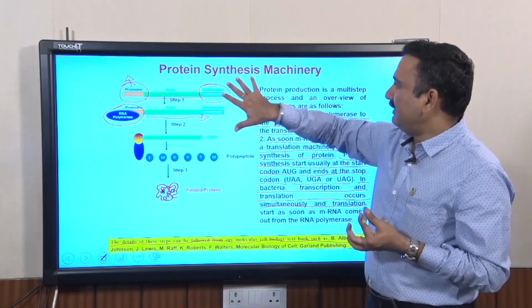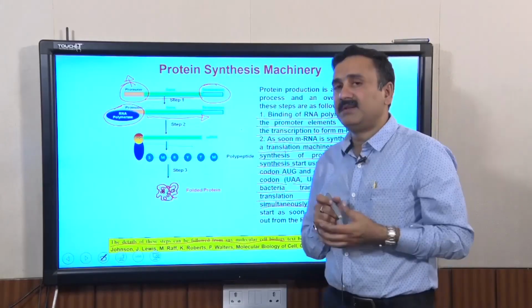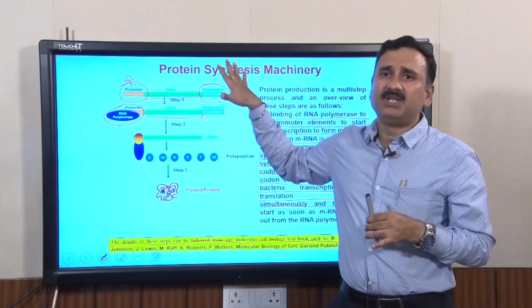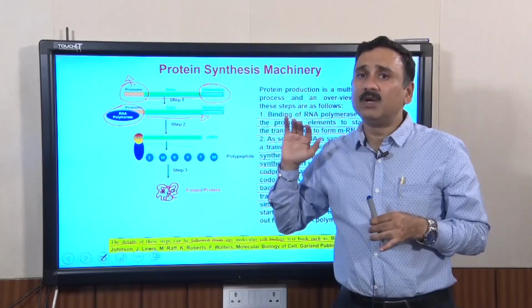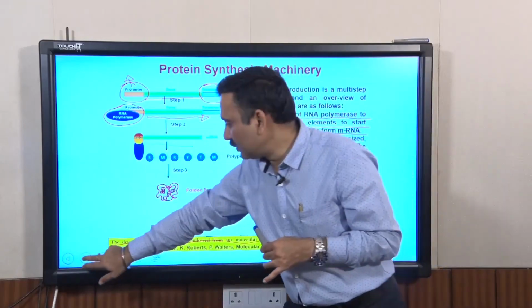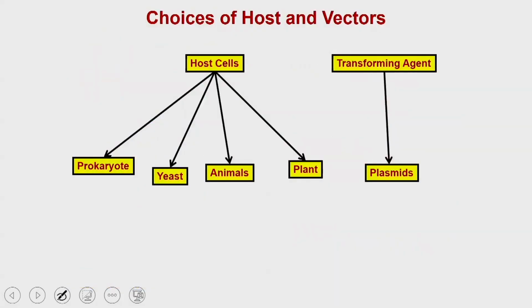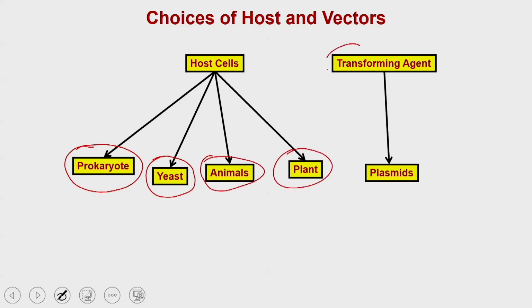So, now that we have discussed the protein synthesis machinery, which is present in different hosts, what we have discussed so far is that you have the prokaryotic host cells and the eukaryotic host cells such as yeast, animals and plants. We also have the transforming agents which are complementary to all of these host cells.